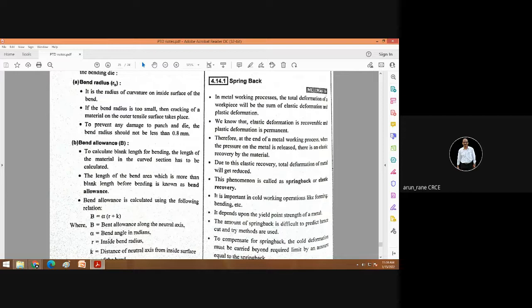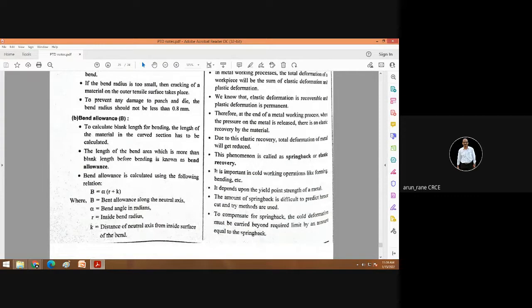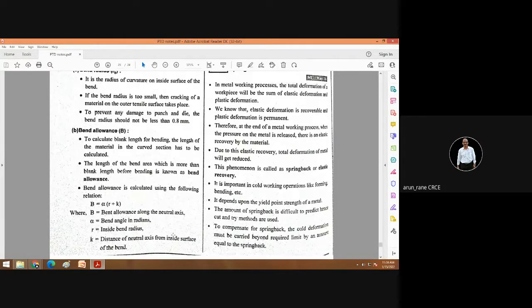Alpha is the bend angle, R is the inside radius, and K is the distance of the neutral axis from the inside surface of the bend.